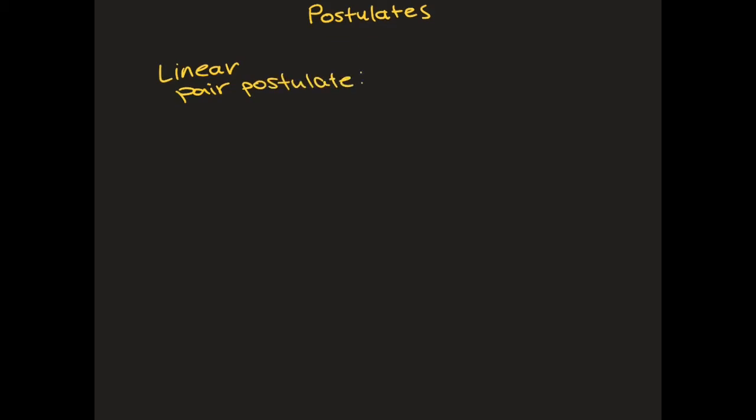To truly understand the linear pair postulate, you have to understand what a linear pair is. A linear pair is two angles that come together to form 180 degrees, and form a supplementary line.